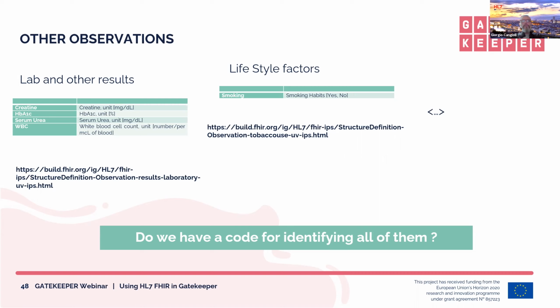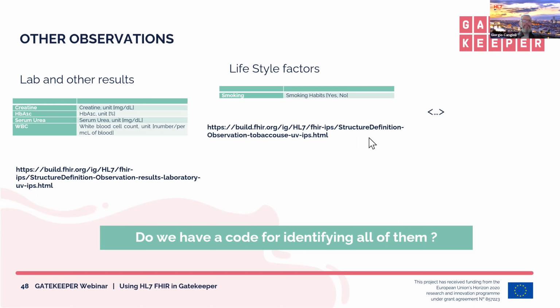What is important for profiling these resources is obviously to work on the terminology, because we need to have a set of codes or a code that defines how to identify that specific observation for representing that specific lab test or lifestyle factor and so on. So this is an activity that is ongoing, but needs to be reflected then in the work on the IG.